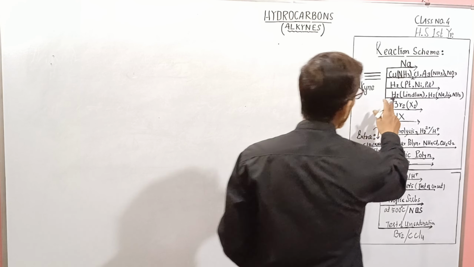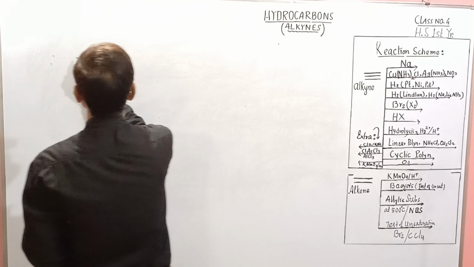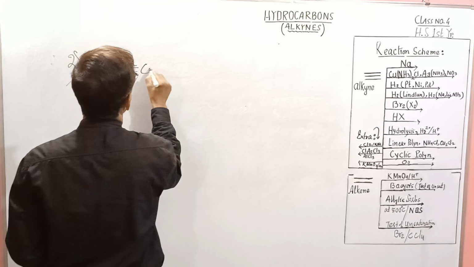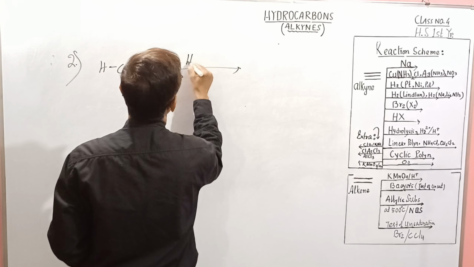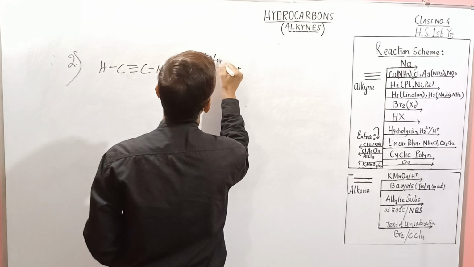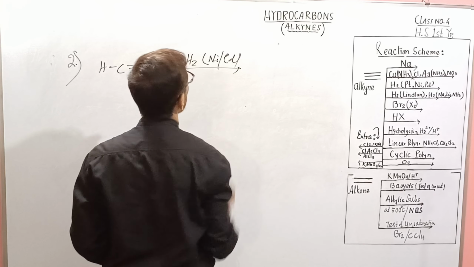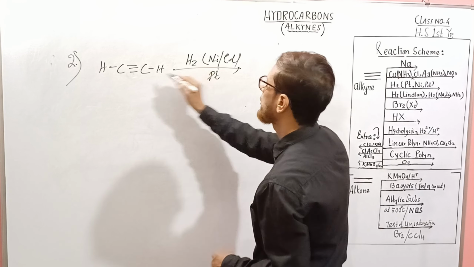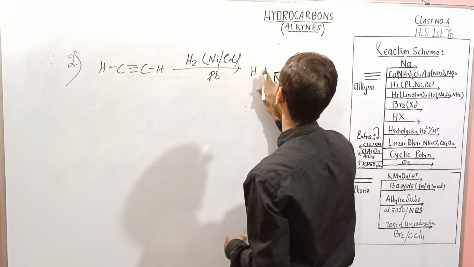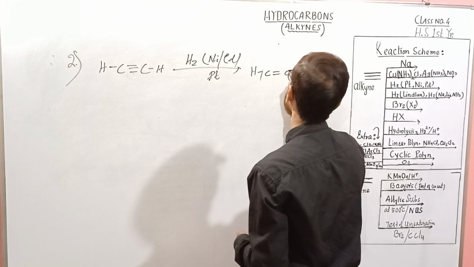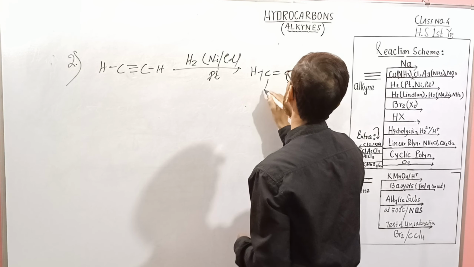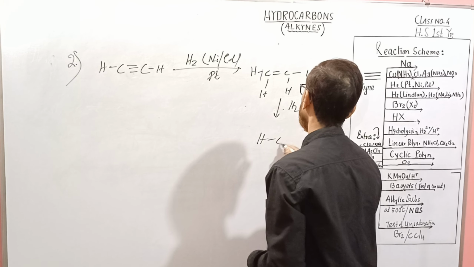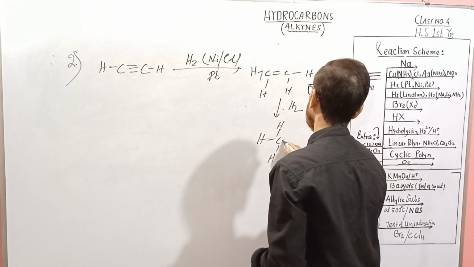So the next type of reaction is a very famous reaction, and also you know it. If you write hydrogen and use a nickel, palladium or platinum catalyst, any catalyst, hydrogen will go on adding, and the reaction will continue, again hydrogen will add, and it will stop when all the bonds are single.